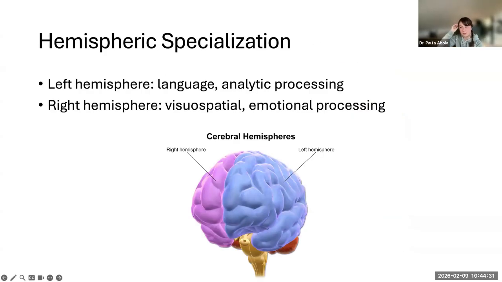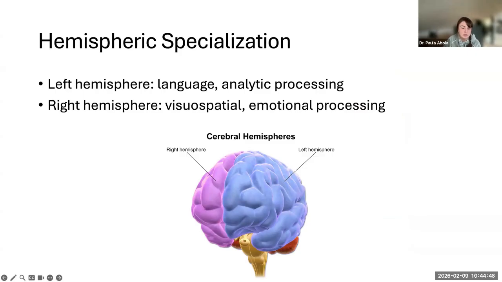And talking about hemispheres, although the two hemispheres of the brain work together as an integrated system, certain cognitive functions tend to be lateralized, meaning that they're more strongly associated with one hemisphere than the other.